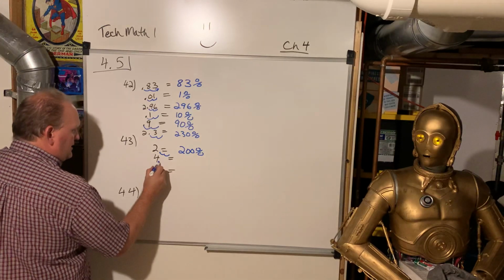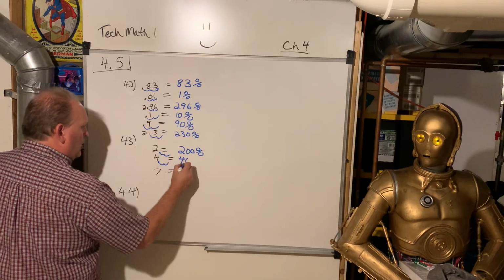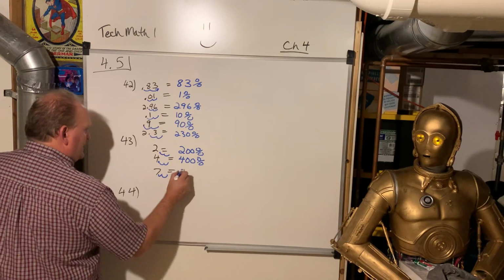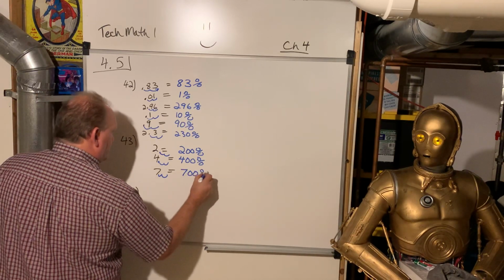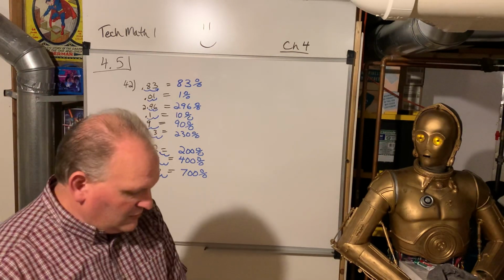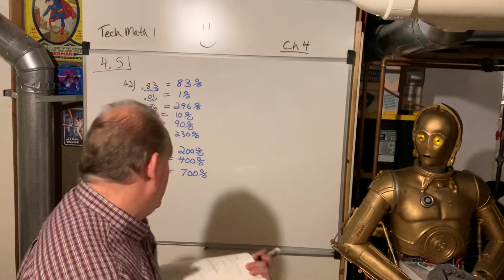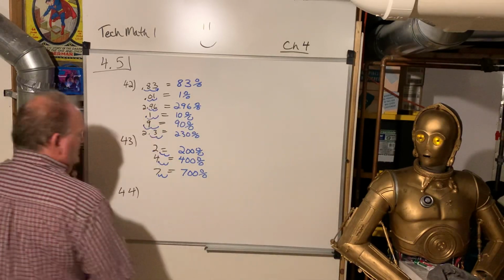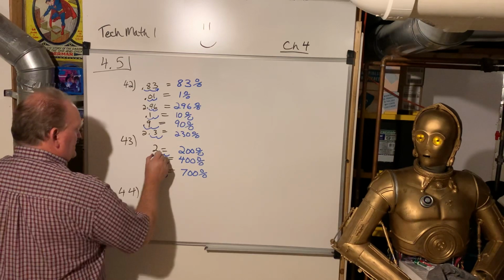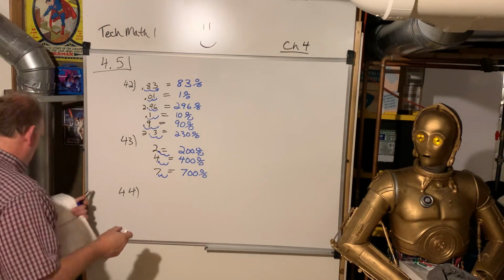The decimal right here, I'm going to move it 2 places, that's 400%. The decimal right there, I'm going to move it 2 places, that's 700%. So you got to be careful with those. People get those wrong all the time because they want to say 70%, then 40%, and 20%. That would be 0.2 and 0.4 and 0.7. All right, the decimals after the number.